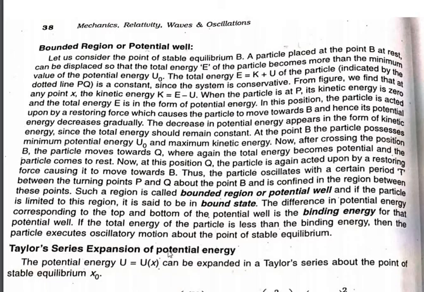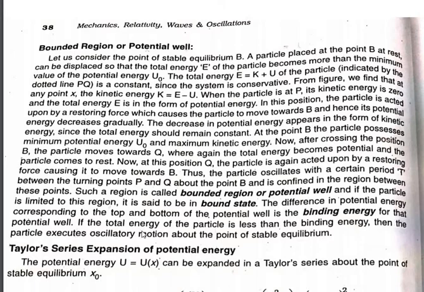The difference in potential energy corresponding to the top and bottom of the potential well is known as the binding energy. So the potential energy difference between the top and bottom of the potential well is known as the binding energy for the potential.